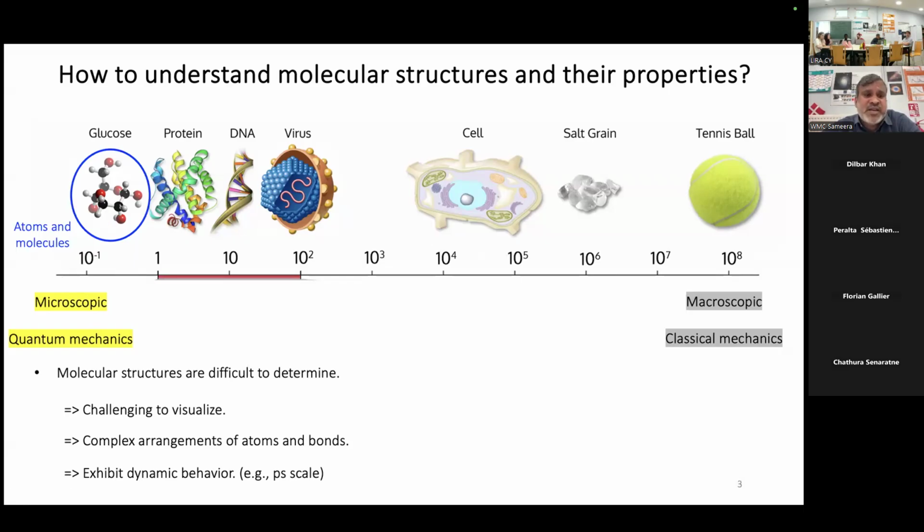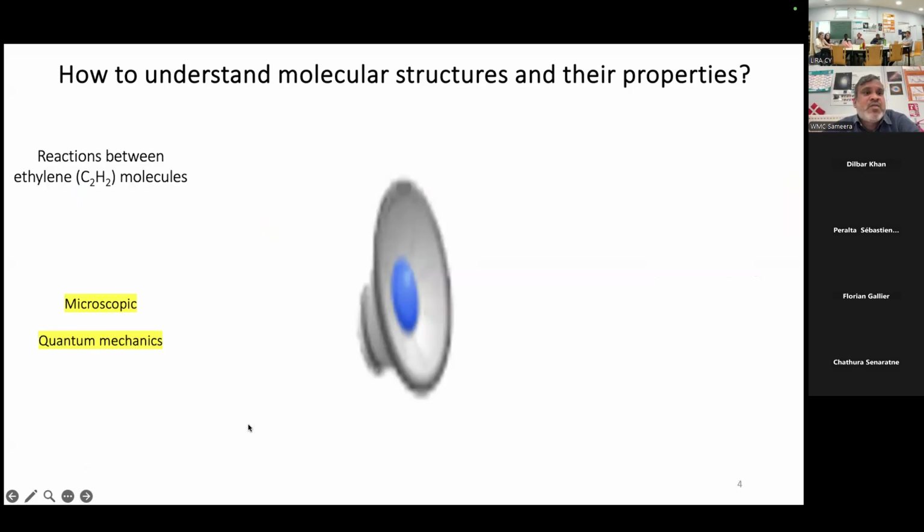To get an idea, I will show you a movie of a simulation, and then you can get some insights about the time. In this simulation, these are ethylene molecules.